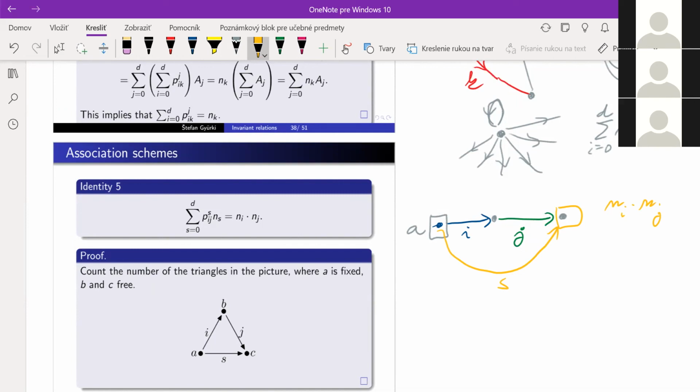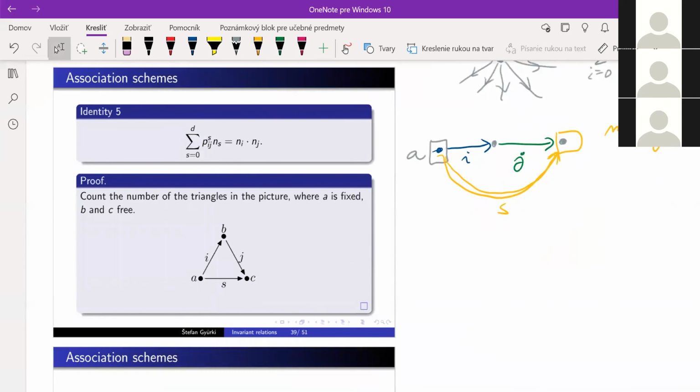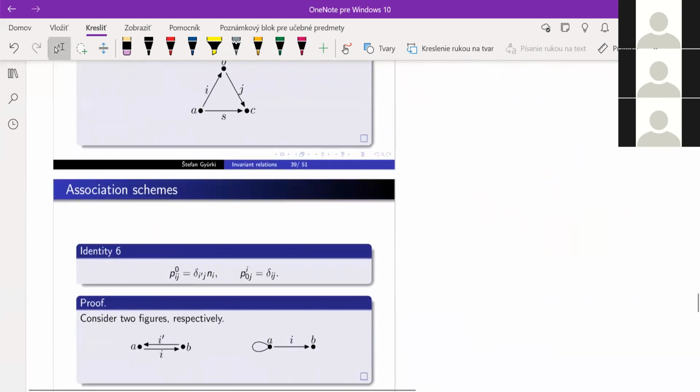And on the other hand, you can count over each color s, how many pictures like this do you have? So again, it is not the easiest thing, but not the hardest. If you understand what the symbols mean and you write a picture, then you will obtain everything.